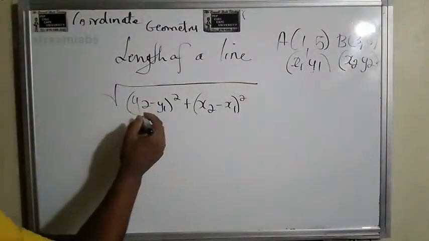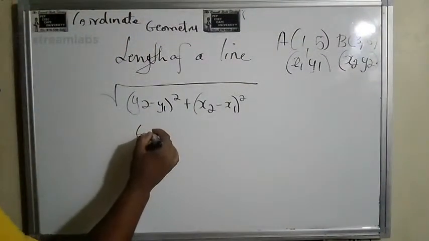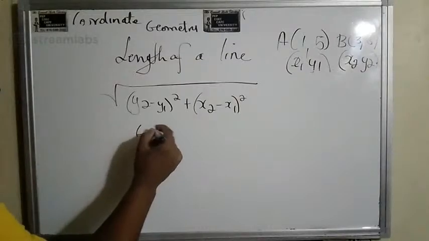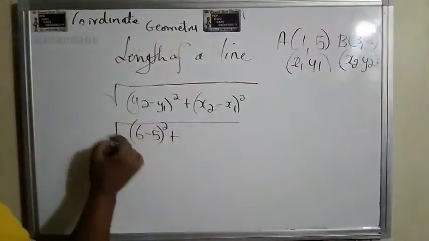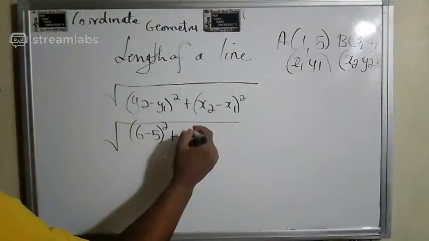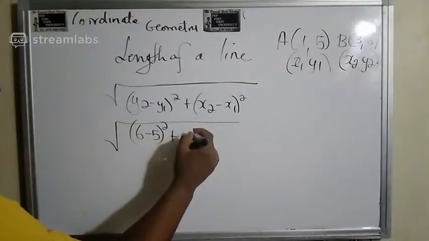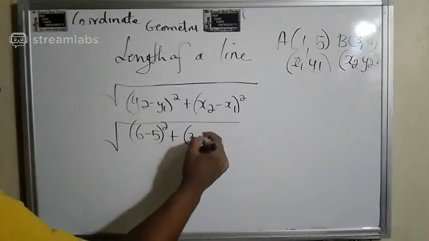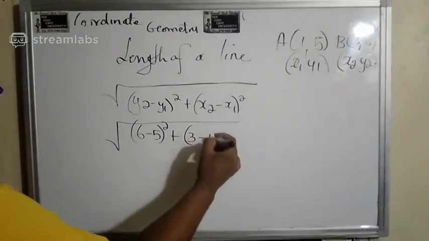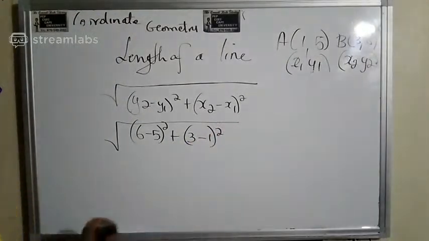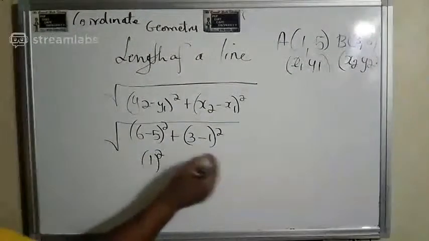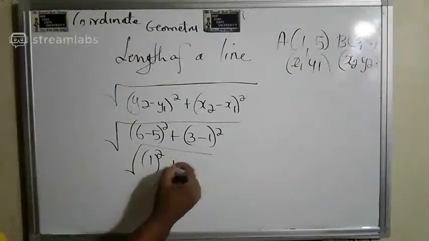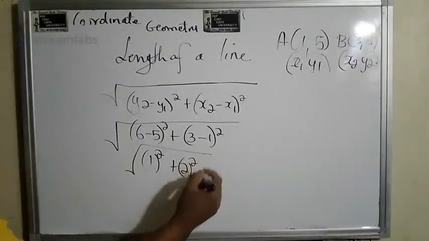So y2 is 6, so it's 6 minus y1, which is 5, squared. As I said, this comes from the Pythagoras. x2 is 3, put it in a bracket just to not mix up, minus 1 squared. 6 minus 5 is 1, so 1 squared. 3 minus that is 2, so it's 2 squared.